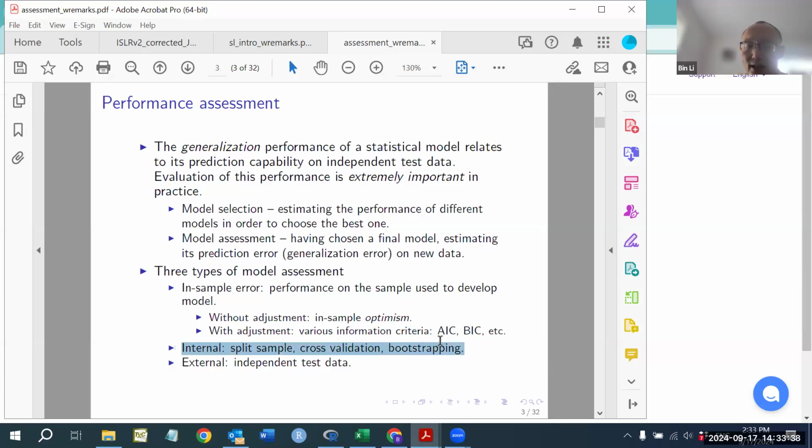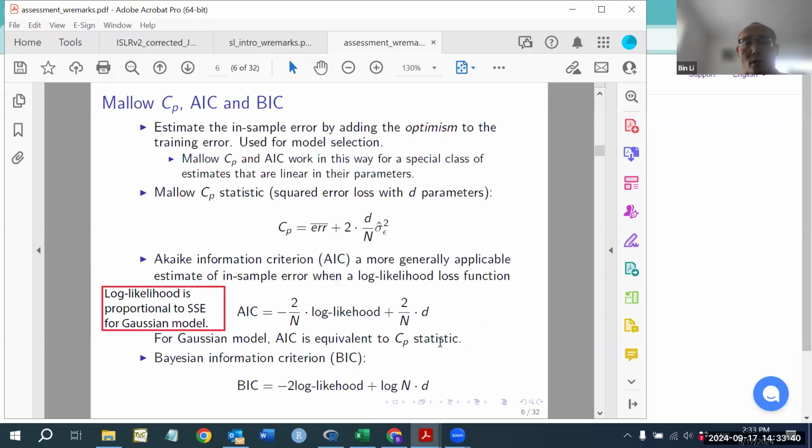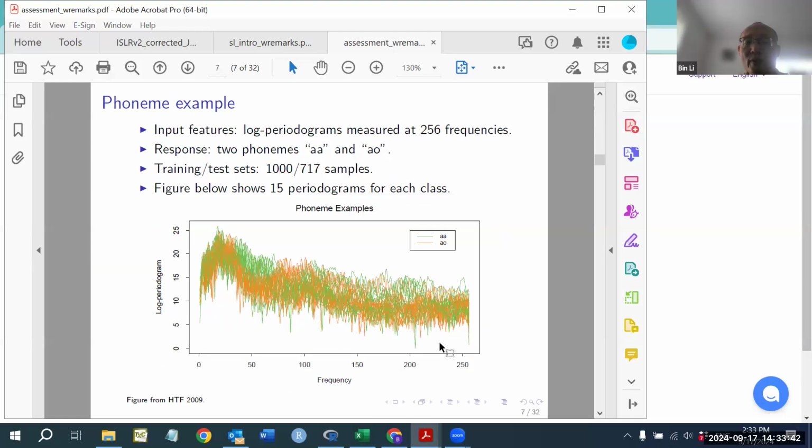Now let's see the internal approach. But before that, let's see some examples for the AIC and BIC. This is a speech recognition example, the phoneme data set. We have two phonemes, the vowel in "dark" and the vowel in "water".